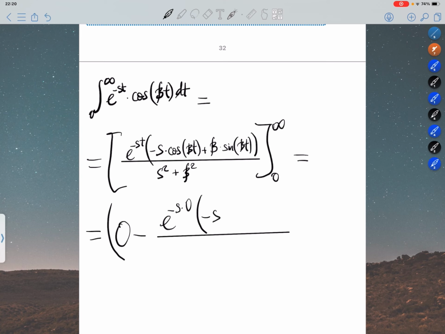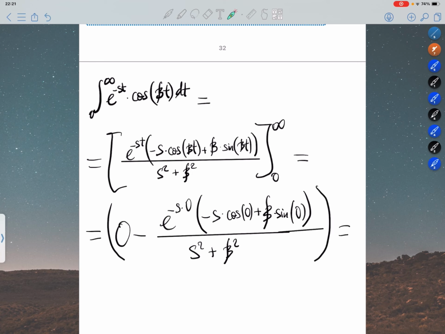And then minus s times cosine of 0 plus beta times sine of 0, and then over s squared plus beta squared, right?